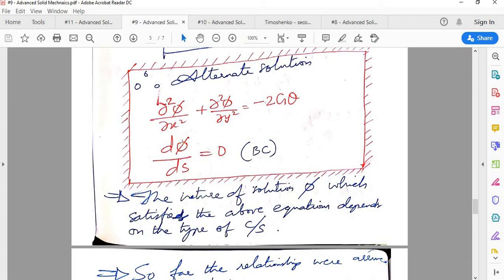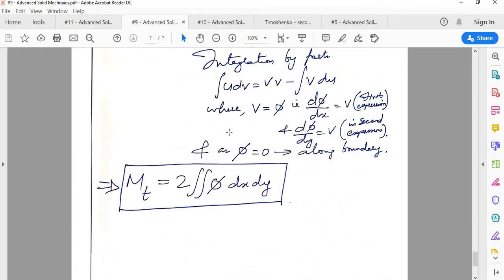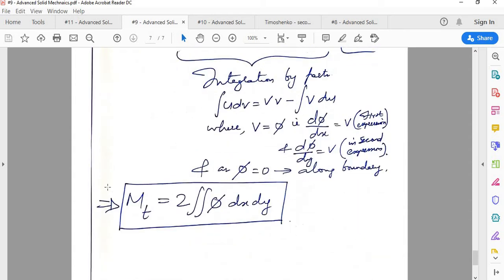So in the case of solid sections, we take phi as directly 0 at the boundary. This equation tells us it should be constant along the boundary, so for a solid section, in addition to being a constant, we can take it as 0 itself. That is how I have used phi equal to 0 along the boundary, assuming that this derivation is for a solid section. Just keep that in mind.